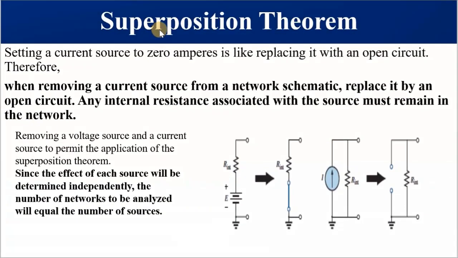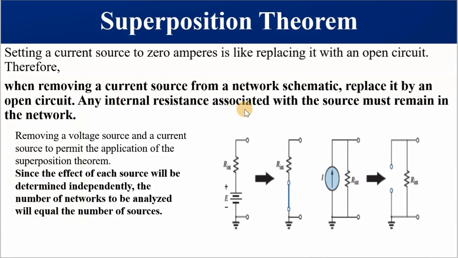How do you remove a current source from the circuit? You replace it with an open circuit, because it means that current will not flow. Therefore, please take note, when removing a current source from a circuit, replace it by an open circuit. This has been bolded so that you understand the significance.